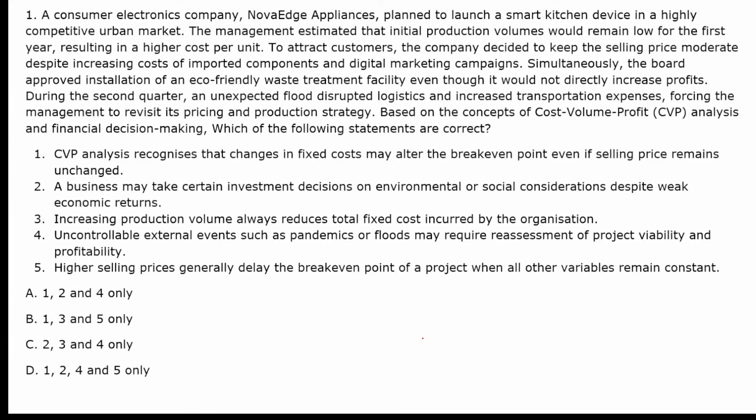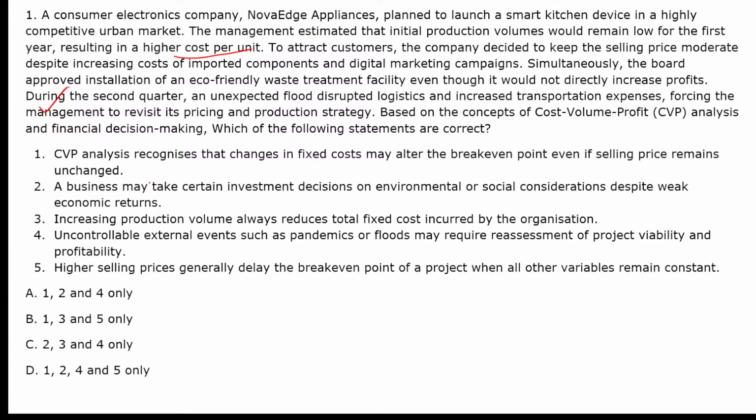Question number 1. A consumer electronics company plans to launch a smart kitchen device in a highly competitive urban market. The management estimated that initial production volumes remain low for the first year, resulting in a high cost per unit. To attract customers, the company decided to keep the selling prices moderate, despite increased cost of imported components and digital marketing campaigns.